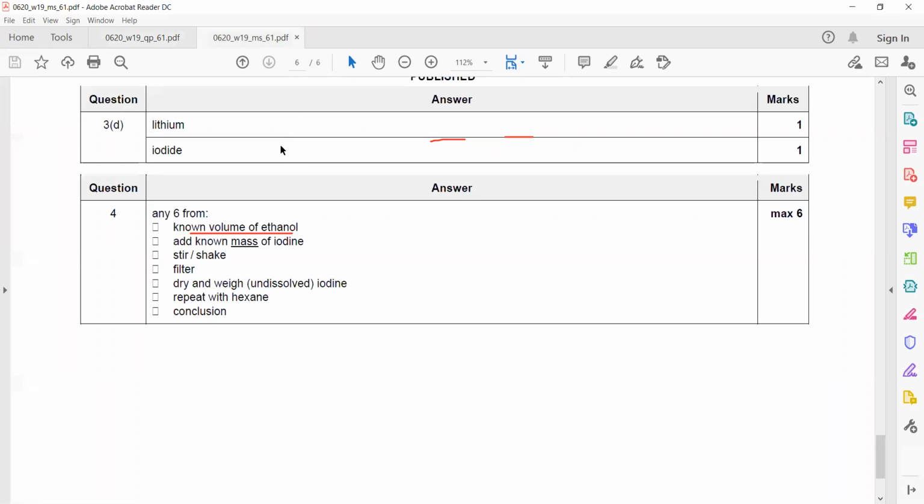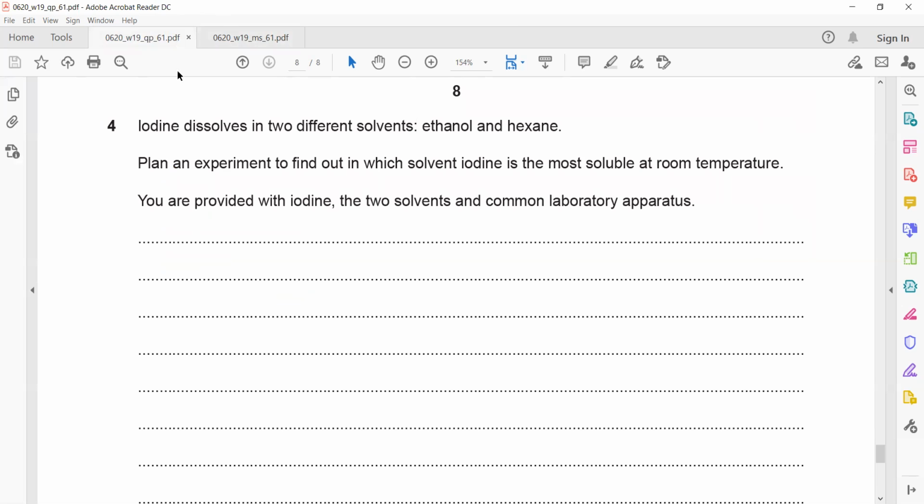Then add a known mass of iodine, stir, then filter, then dry and reweigh, and repeat with hexane and conclude, because basically we want to find which one dissolves the greater amount of iodine. So we will take equal volumes of the two solvents. That's the first thing.